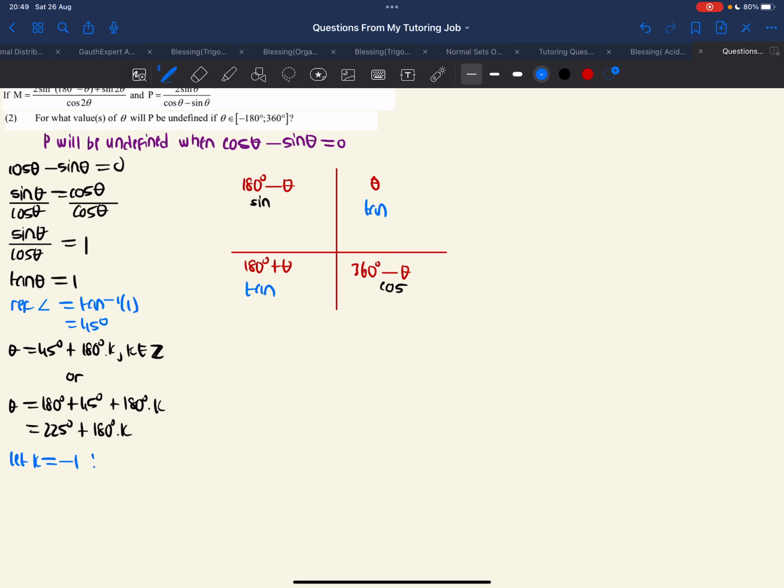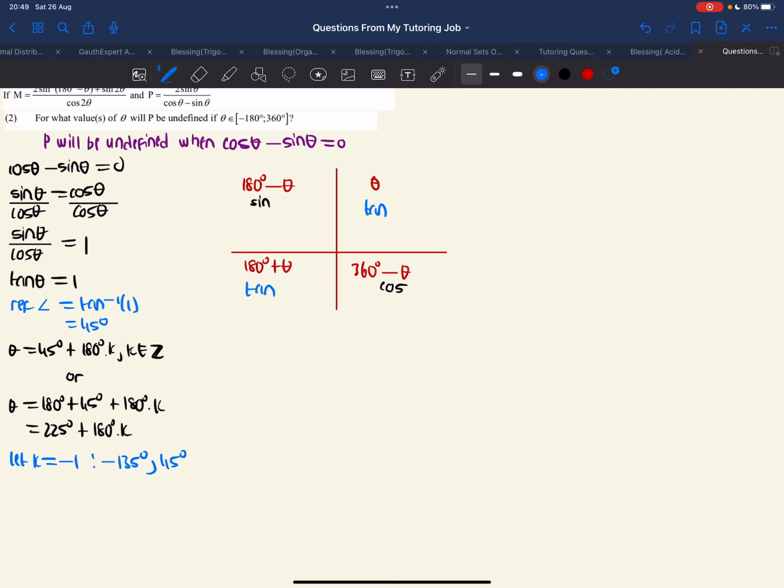And if we do that, for the first part we say 45 plus 180 multiplied by minus 1, which gives us minus 135 degrees. And for this one, if we say 225 plus 180 times minus 1, we get 45 degrees.